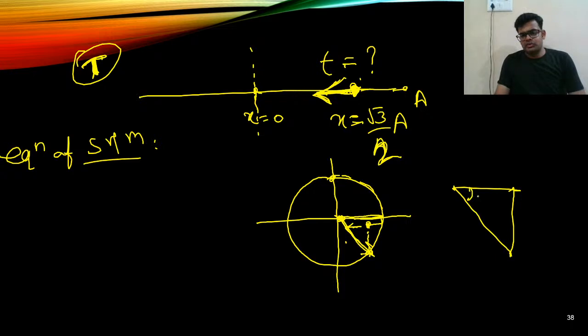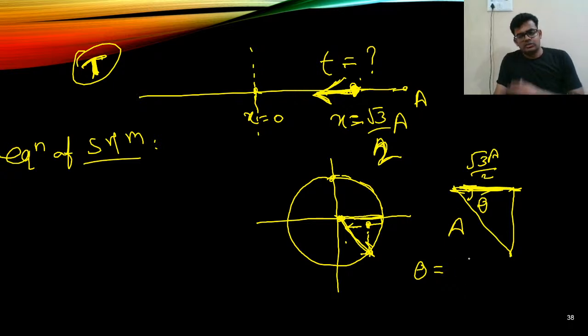this is a, and this is root 3a by 2. The value of x is root 3a by 2. So what will this angle theta be? Theta is base by hypotenuse, which means cos theta equals root 3 by 2, so theta equals pi by 6.